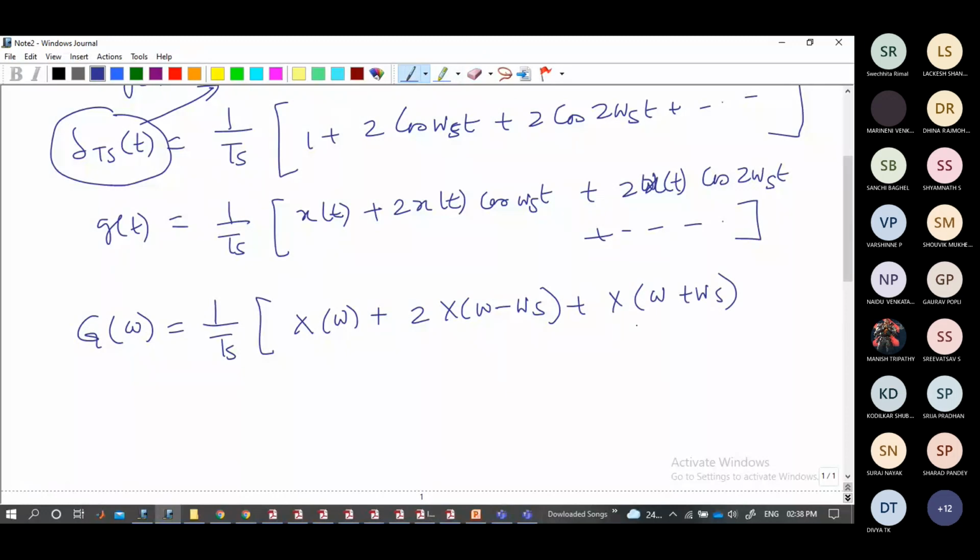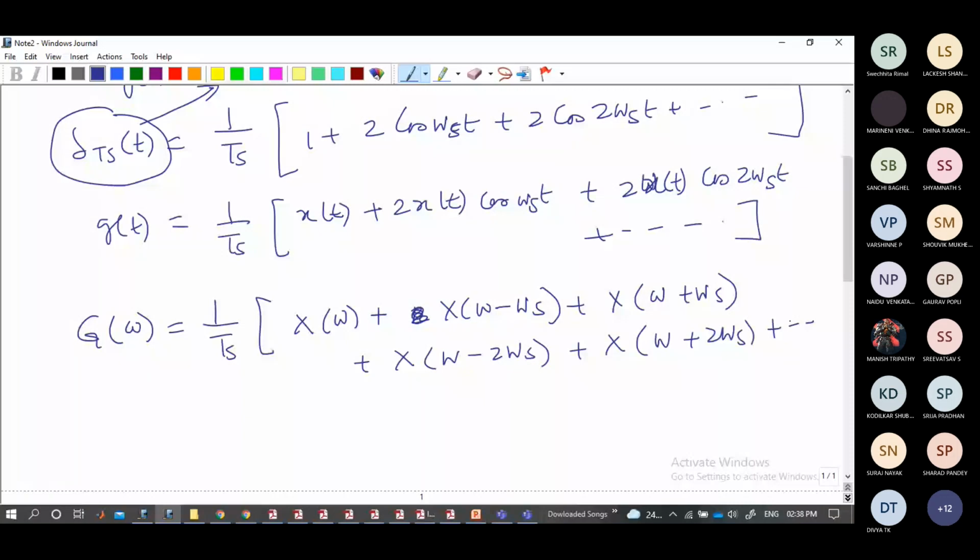So one will be the minus, one will be the plus. Then you have this 2 should not be there actually. Plus X of omega minus 2 omega s plus X of omega plus 2 omega s. Like that it will go on as a series.